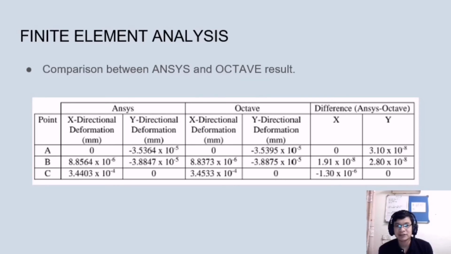At point B, the difference is 1.91 times 10 to the power negative 8 in x, and in y, 2.8 times 10 to the power negative 8. While at point C, we find the difference in x is negative 1.2 times 10 to the power negative 6, and in y directional deformation, there is no change.